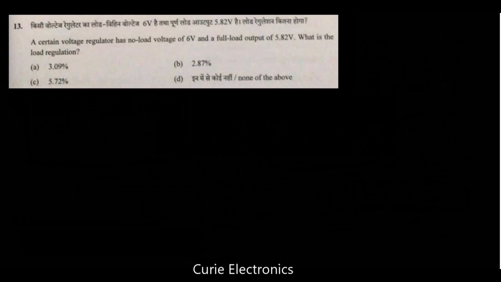A certain voltage regulator has no load voltage of 6 volt, V no load equal to 6 volt, and a full load voltage of 5.82 volt. What is the load regulation? Load regulation is the question.